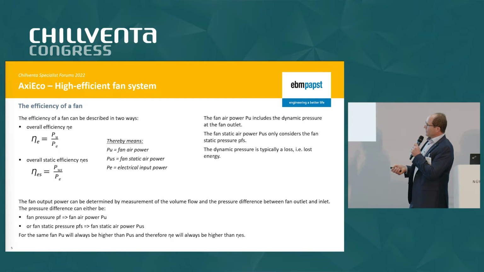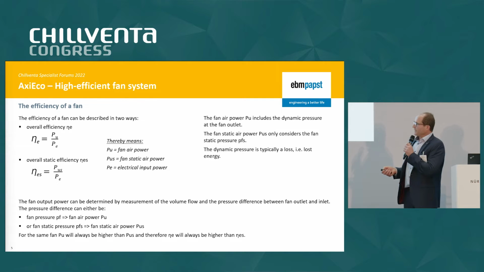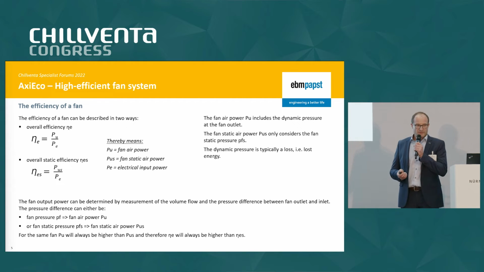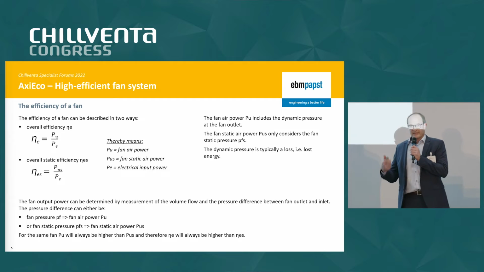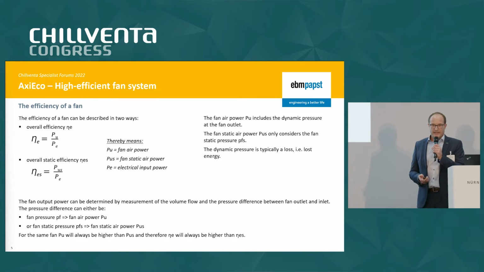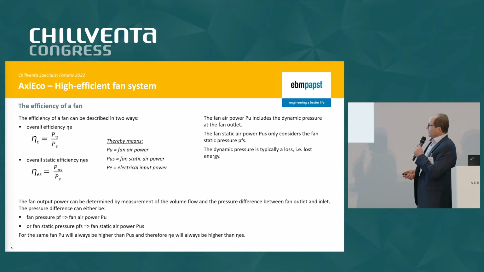And we have the so-called overall static efficiency, eta ES. And this is actually what we talk about when we talk about fans. And here we just look at the fan static air power, because the static pressure and the static air power is the value which can actually be used in the application, like a condenser, like an evaporator and things like that. This is important to know.